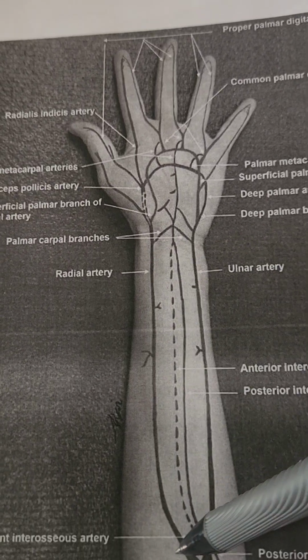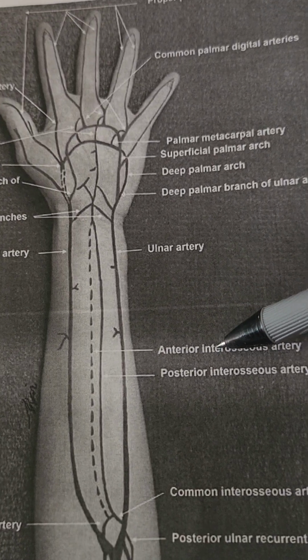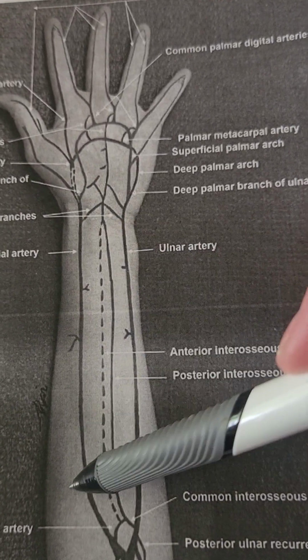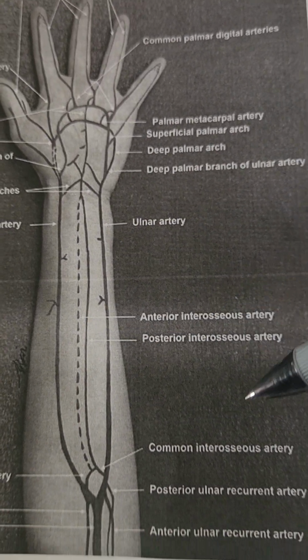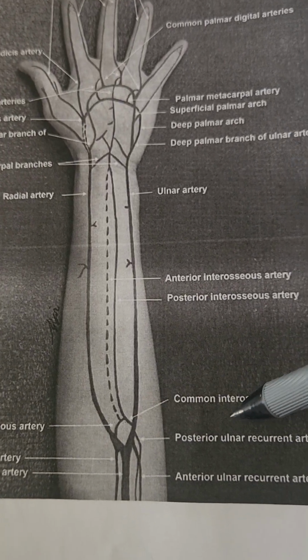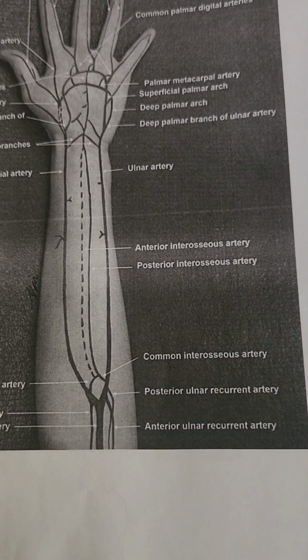Radial artery, ulnar artery, anterior interosseous, because your radius is going to be here, ulnar is going to be here, posterior interosseous, common, kind of where they start, posterior ulnar recurrent, and your anterior ulnar recurrent.